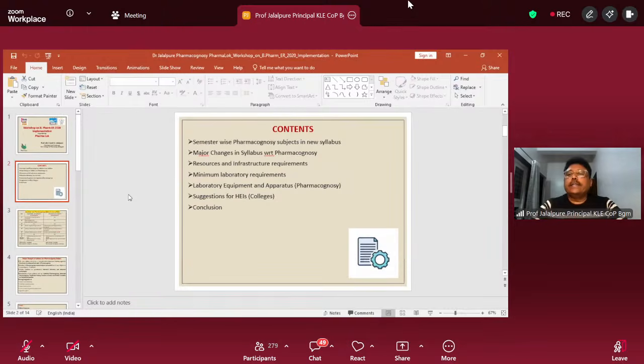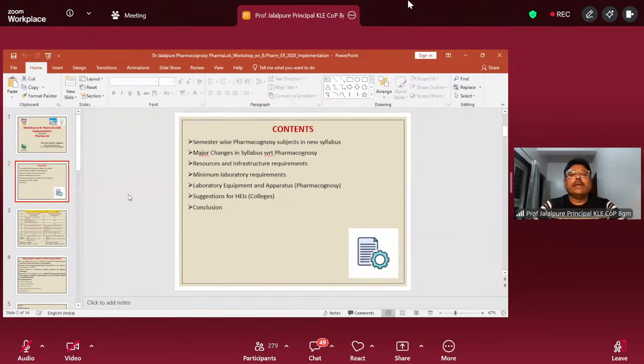So these are the contents of my talk. We will see the semester-wise pharmacognosy subjects available in the new syllabus, and what major changes have been made with respect to the pharmacognosy subject. For effective implementation, we will look at the resources and infrastructure available and required, and the minimum laboratory requirements.